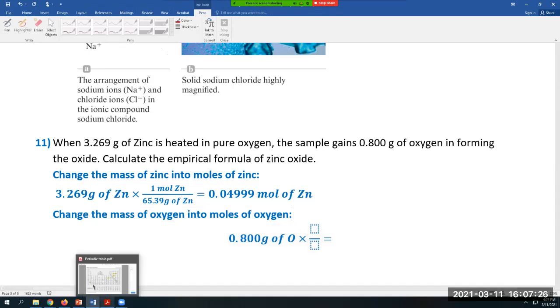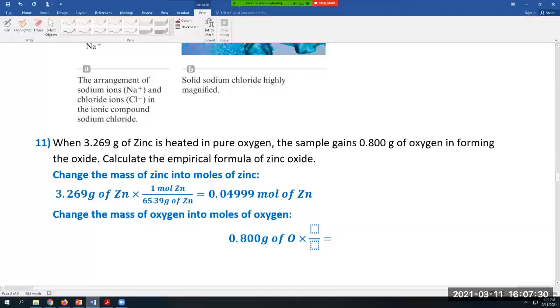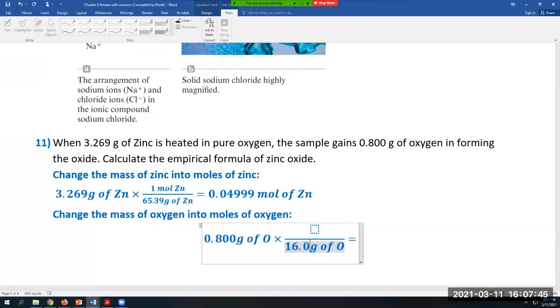The molar mass of oxygen is 16.00. Hopefully you know this by heart now. So how do we use the molar mass? So we have grams of oxygen in the numerator here. So we want grams of oxygen in the denominator. And we know it's 16.00, and that's for 1 mole of oxygen.